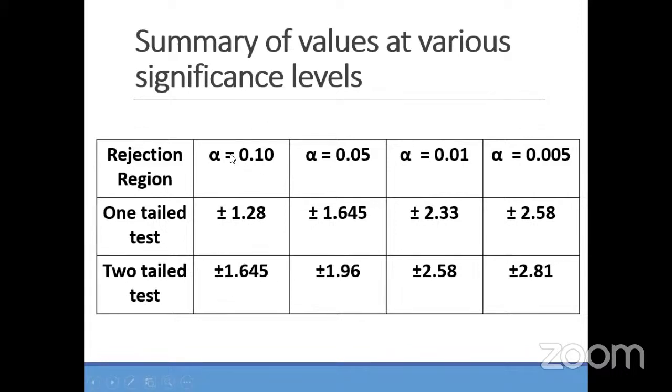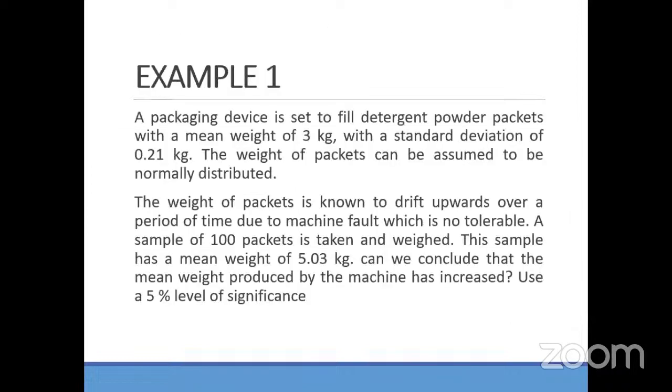Why? Because the error is divided into two equal parts. So alpha equal to 10% for a two-tailed test means 5% in the left, 5% in the right. In case of a one-tailed test, the whole error is either on the left-hand side or on the right-hand side. So these are some standard values which you have to apply.